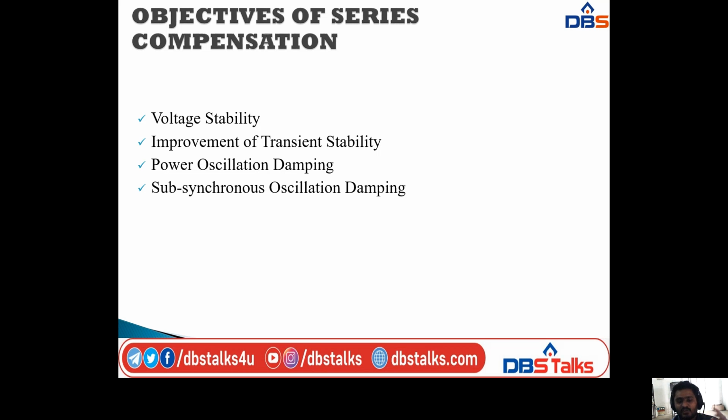Among these four, we have already seen three objectives in shunt compensation. Here we have one more objective, that is subsynchronous oscillation damping. This is the only objective added in the series compensation objectives.